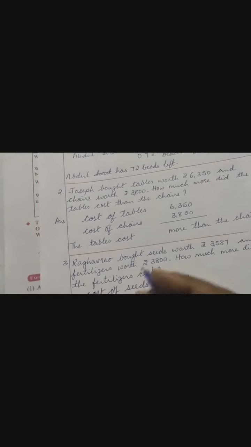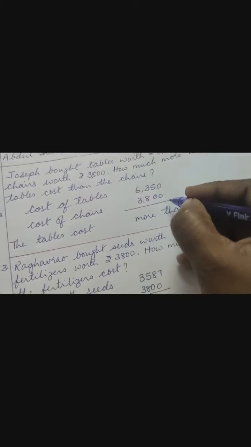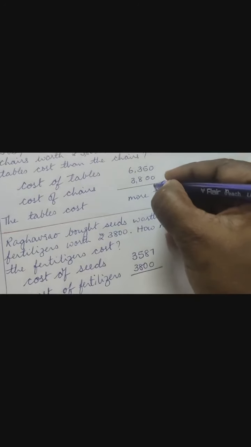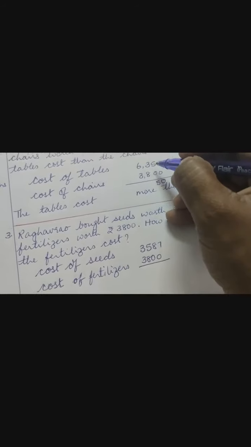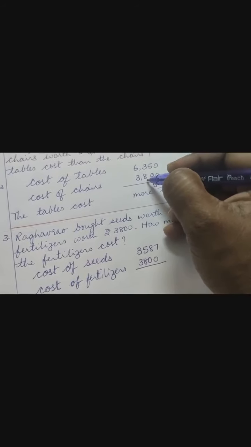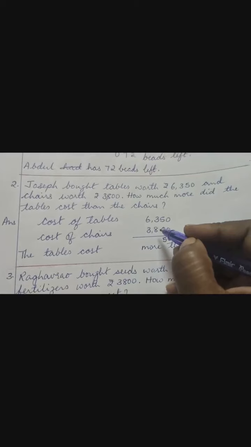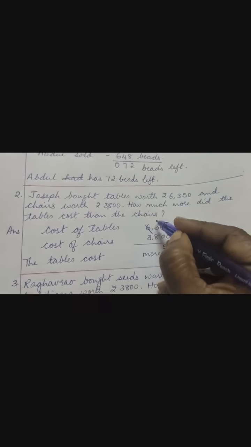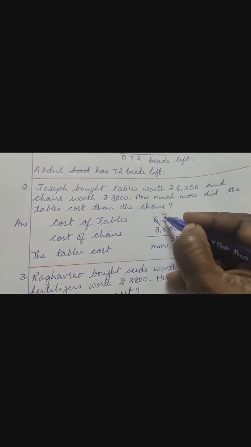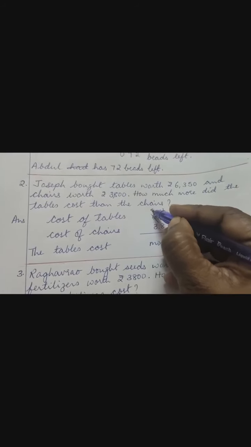So let us subtract it and find out how will you subtract this? 0 minus 0 is 0. 5 minus 0 is 5. Now can we subtract 8 out of 3? No, we cannot. So we are going to borrow from here and make this 13. And this becomes 5.